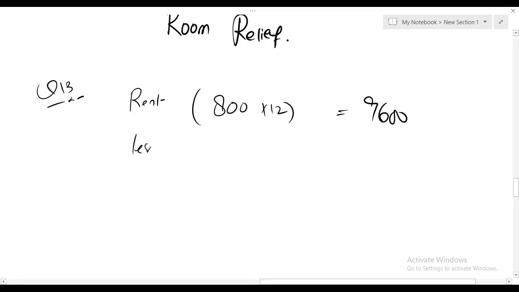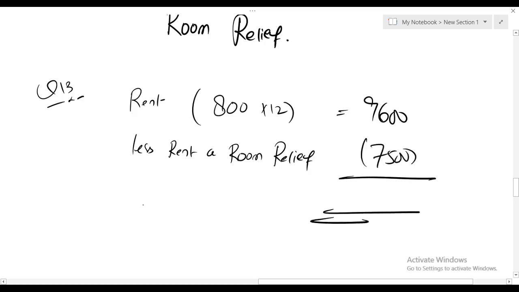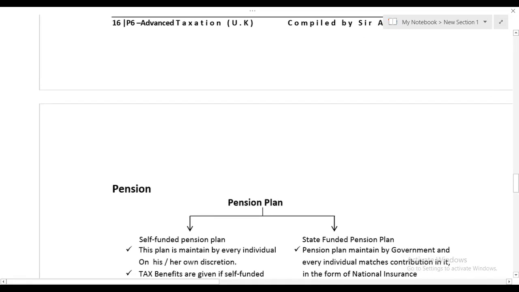So I am going to deduct rent a room relief, which is 7,500. You will get taxable income. So what is the amount of taxable income? 2,100. Very simple, not difficult at all.